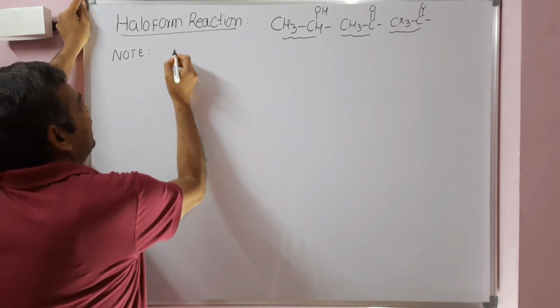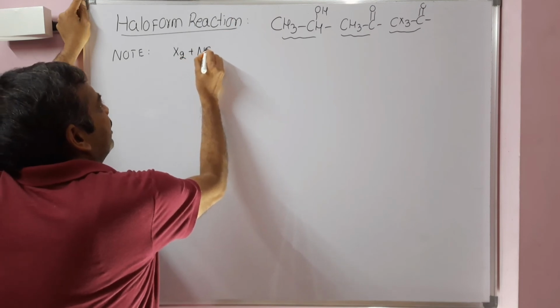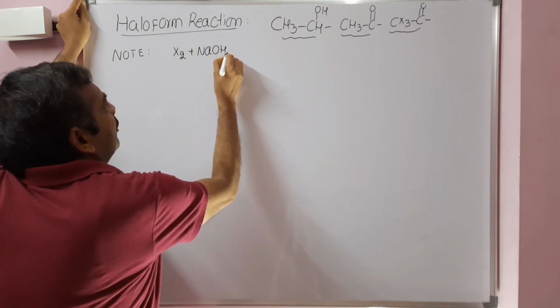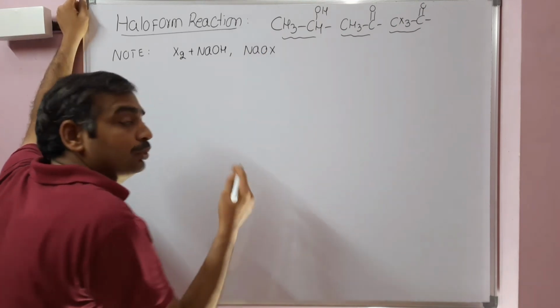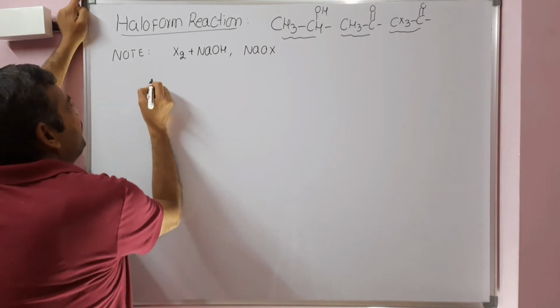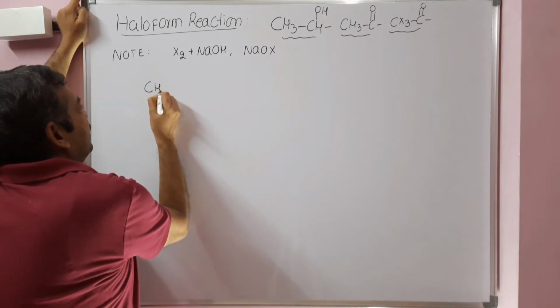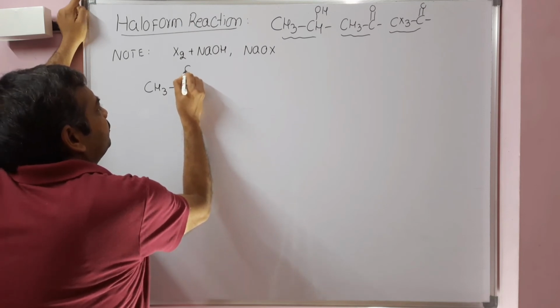Two types of reagents, halogen in combination with sodium hydroxide or sodium hypohalite, are used to prepare haloform: chloroform, bromoform or iodoform. One important thing, I am just writing a conclusion for the moles.